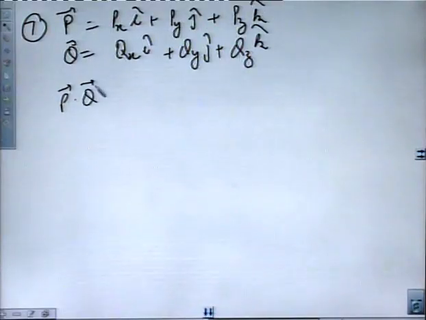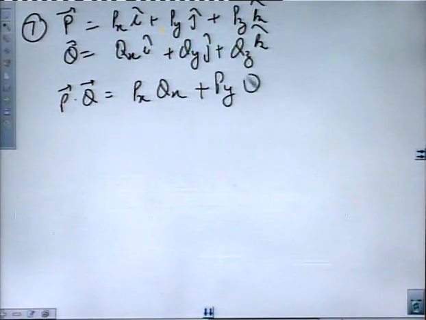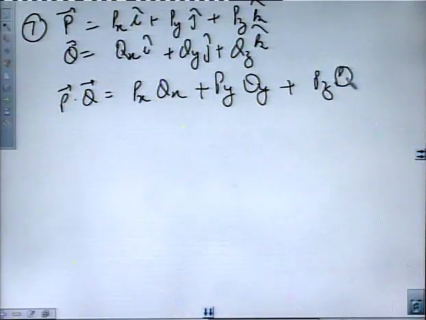P dot q is equal to px qx plus py qy plus pz qz. So these are the few properties of the dot product.